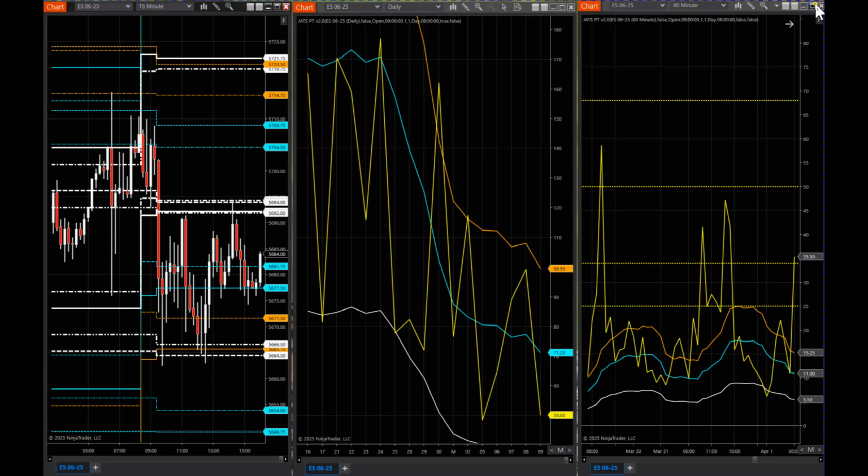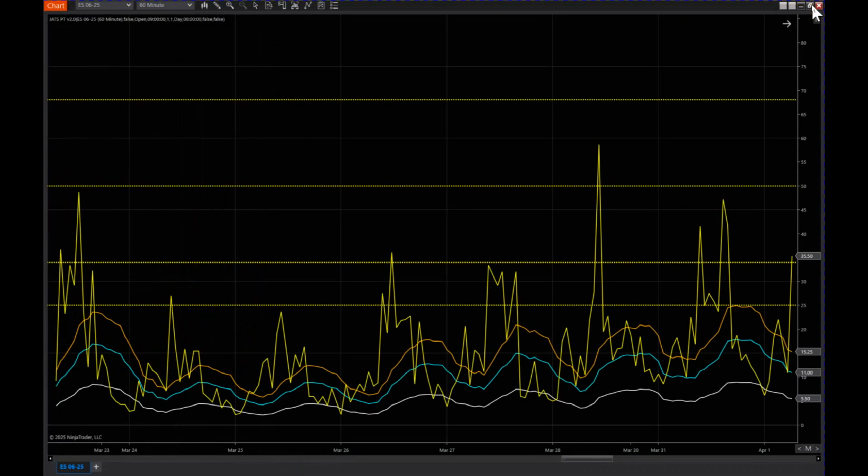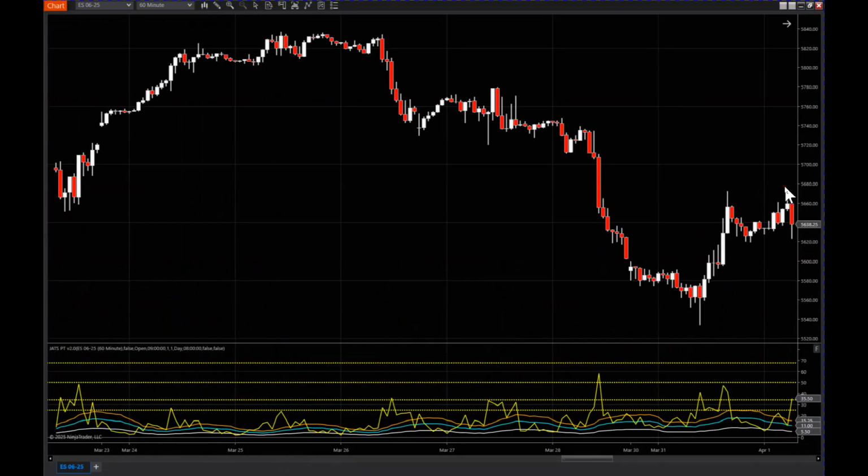The next thing to consider when you're putting together your opening range strategy using Jats PT is to put a 60-minute chart on your screen. You just put a 60-minute chart up and put the Jats oscillator, the R vol, H vol on it.